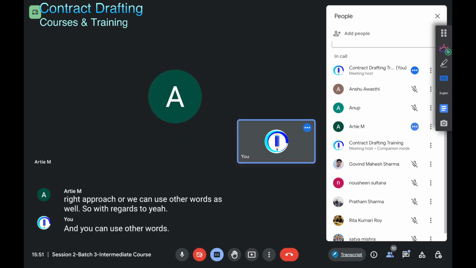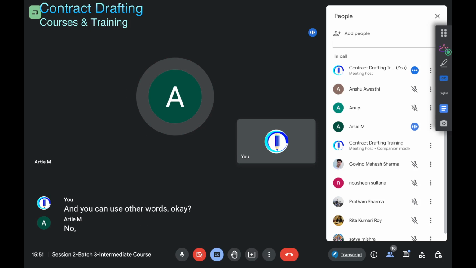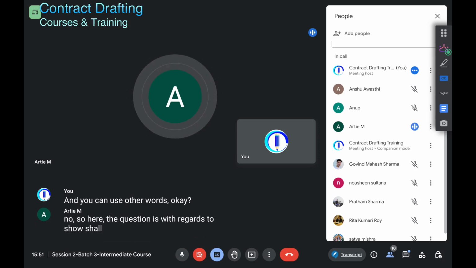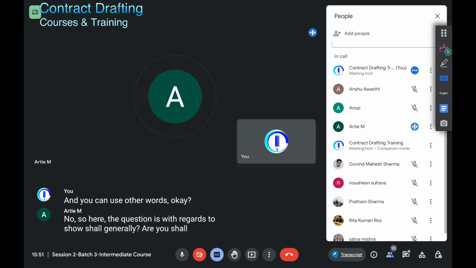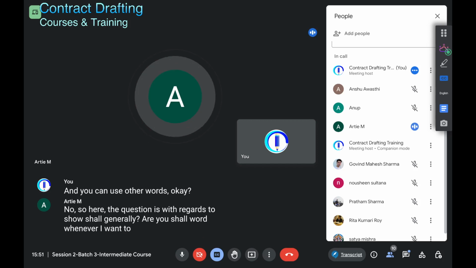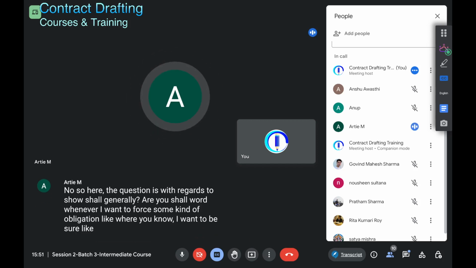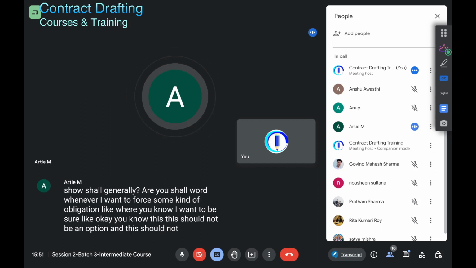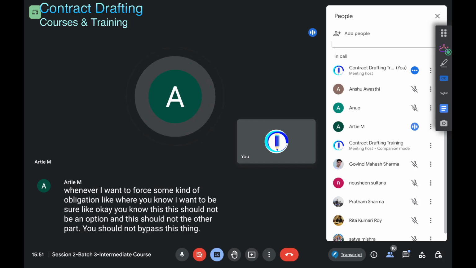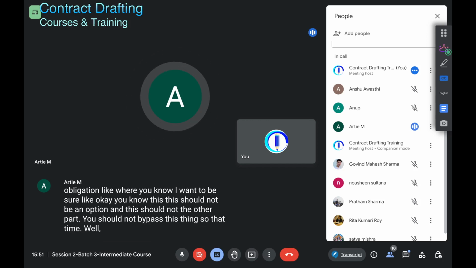The question is with regards to shall. Generally, I use the word shall whenever I want to force some kind of obligation, where I want to be sure that this should not be an option and the other party should not bypass this. So while phrasing the clause, I'll use shall.